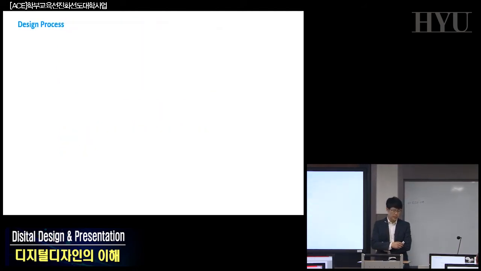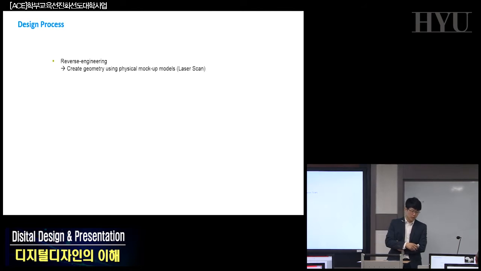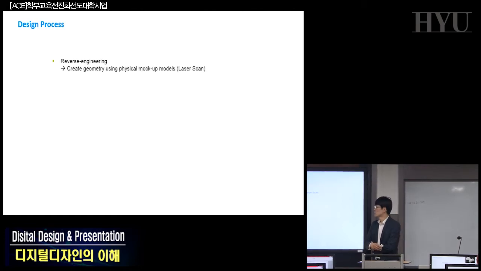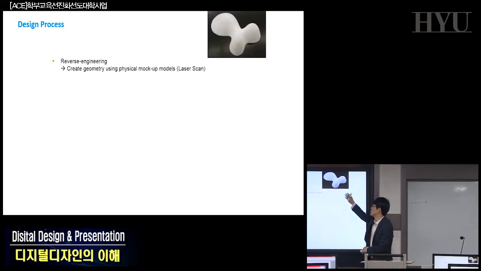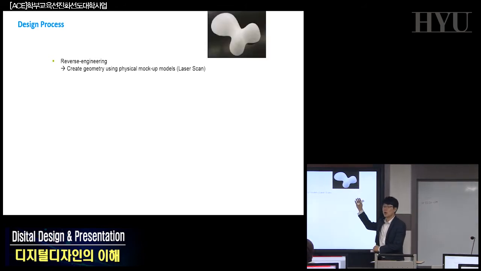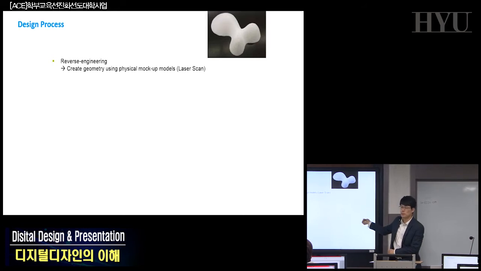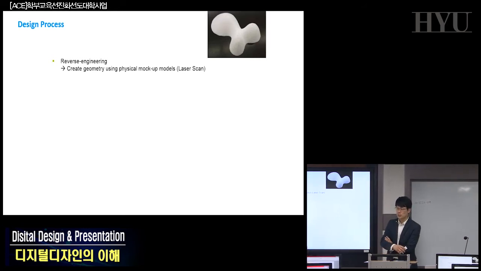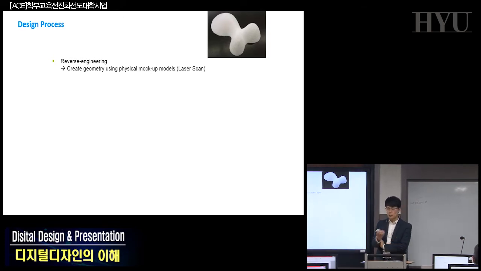So let's take a look at the design process. They adopted a reverse engineering approach. At first, they created an object like this as a mock-up model using styrofoam, which is very easy to cut. They made that kind of object first, and they scanned it using a laser scan device. I'm going to show you what a laser scan device is today.